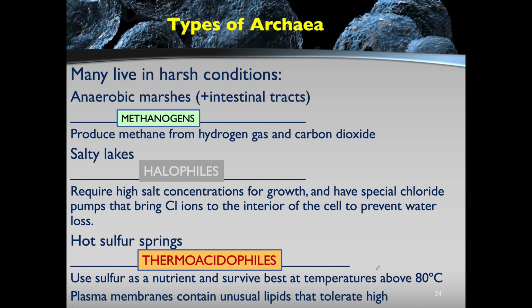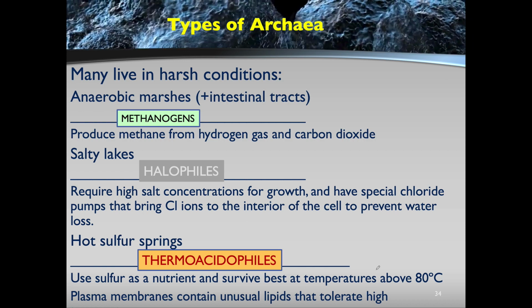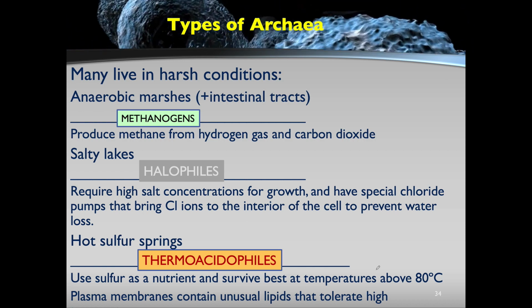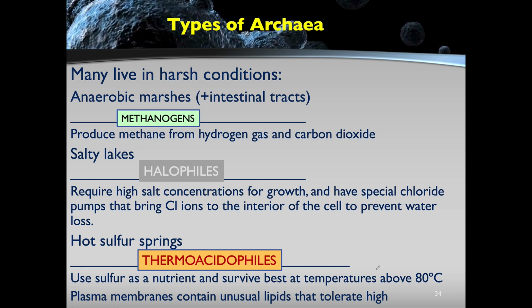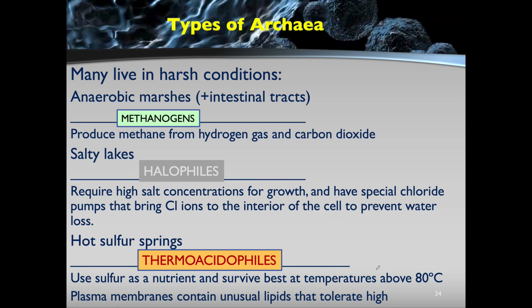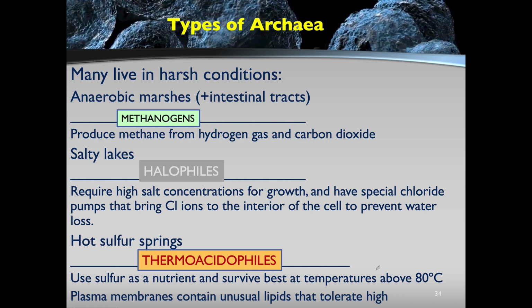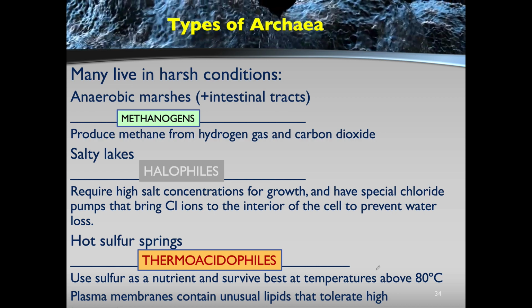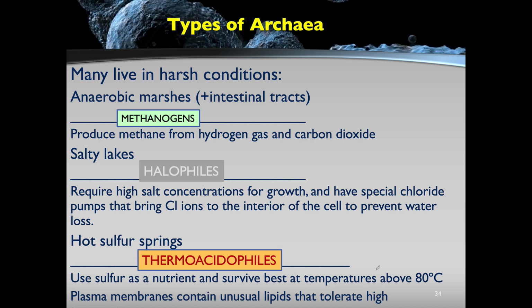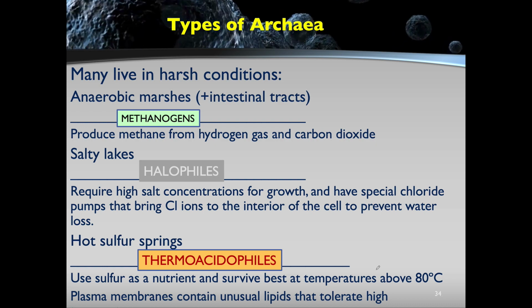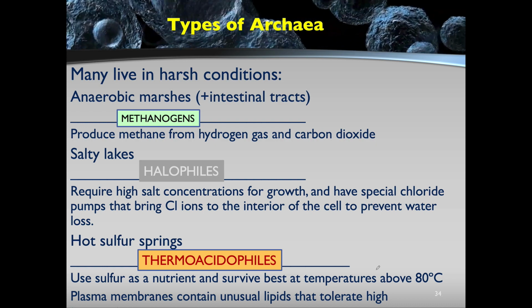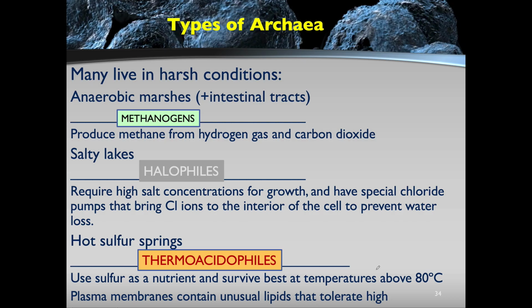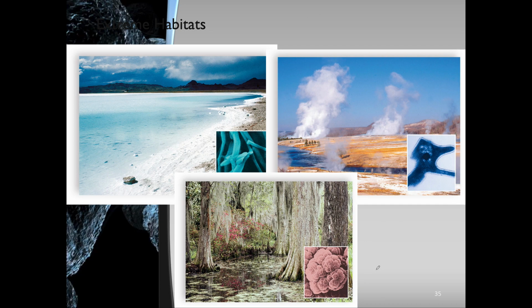So more than double your body temp is a great weather day if you're a thermoacidophilic archaean. From their name, acidophiles means that they love to be surrounded by acidic solutions in their own personal environments. And the plasma membranes that they have contain unusual lipids that tolerate high acid levels.